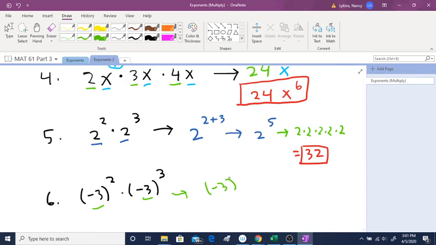So then what you want to do is you want to put in 2 plus 3 because we're adding the exponents. So now that is negative 3 to the 5th power.